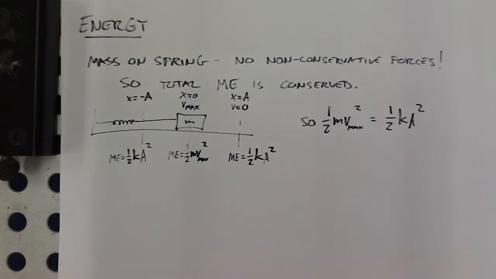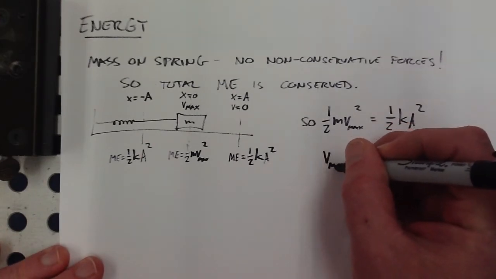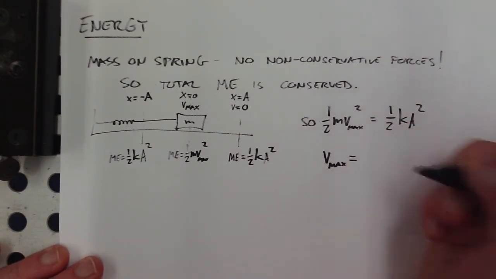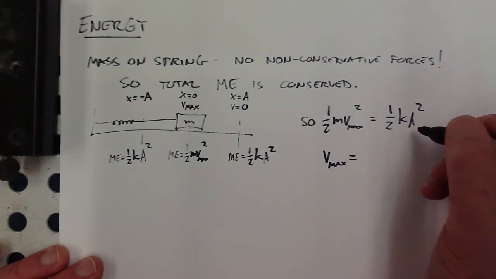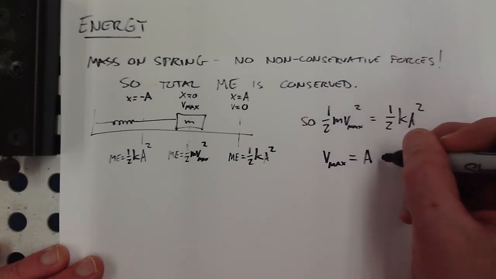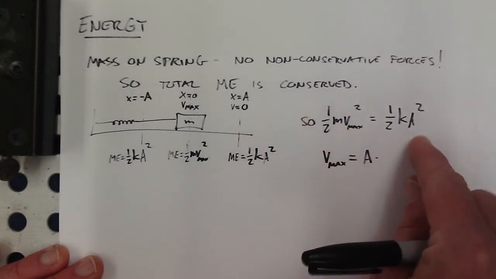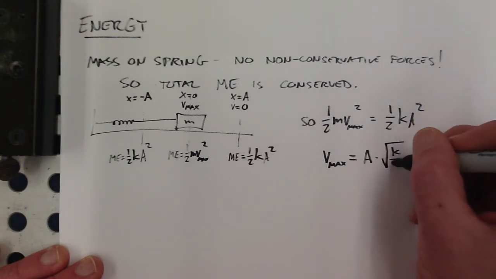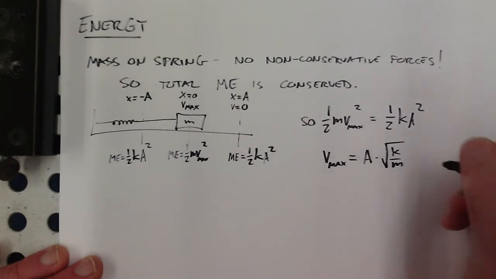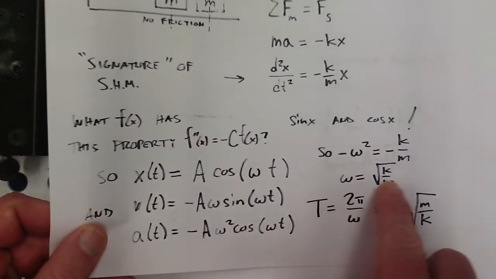And if you wanted to solve for v max, that's going to be equal to a times, let's see, the 1/2 would cancel out, I would divide that over here, the square root of k over m. And remember that the square root of k over m, that's omega.